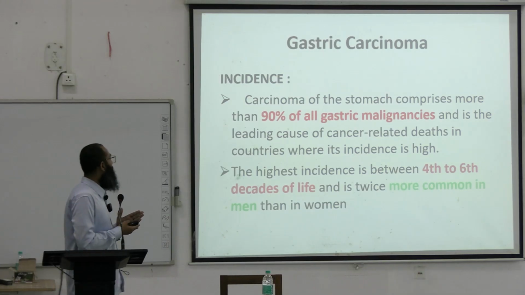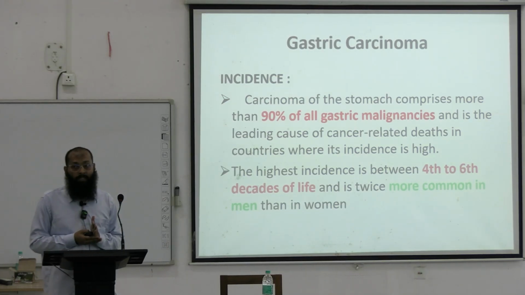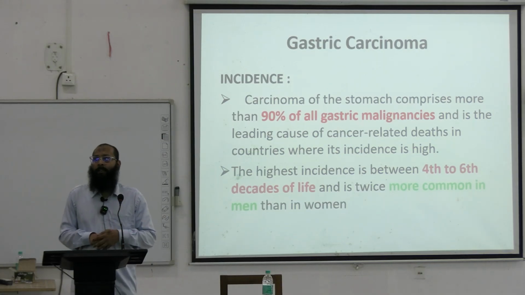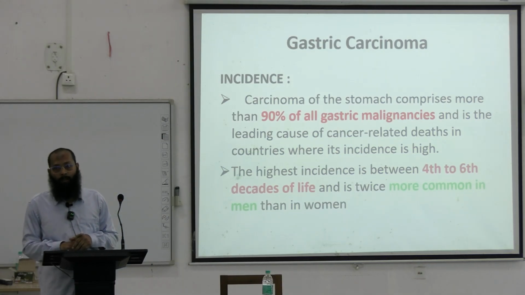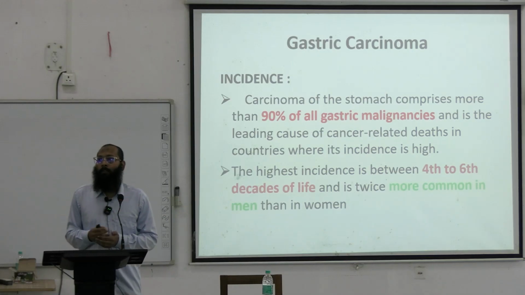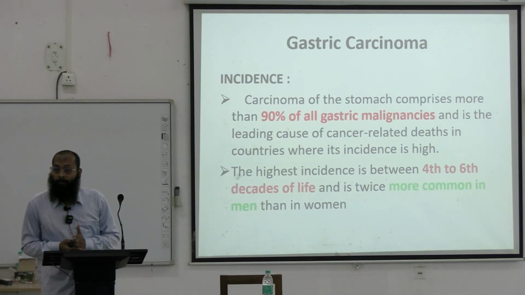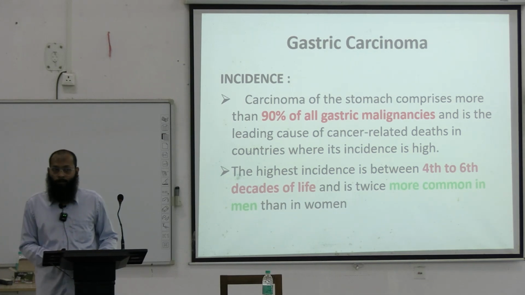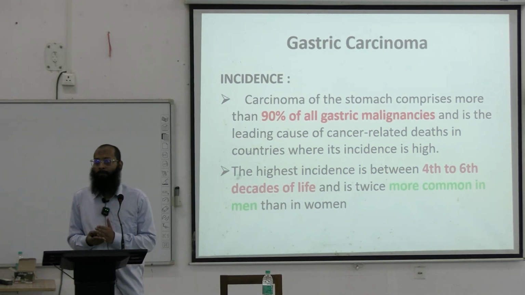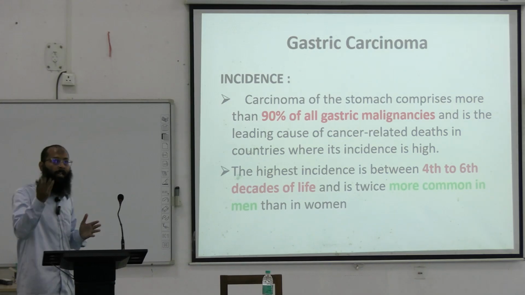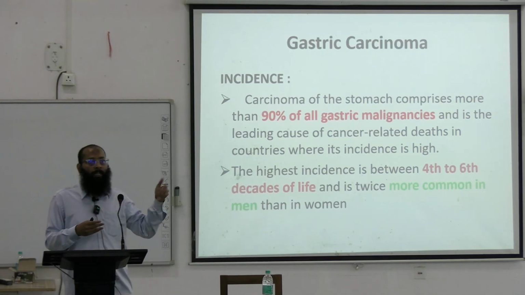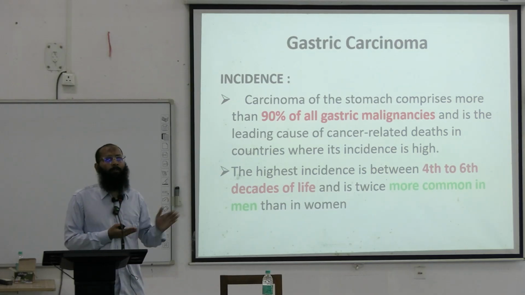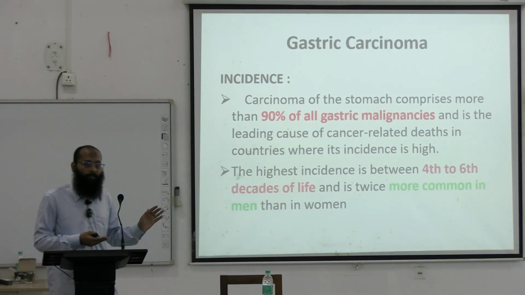Also remember, in 90% of the gastric carcinomas those cases are sporadic, and in 10% the cases are hereditary or familial. Means only in 10% of the cases you will get a family history of gastric cancer in first degree or second degree relatives. In 90% of the cases you will not get any such history. Clear?